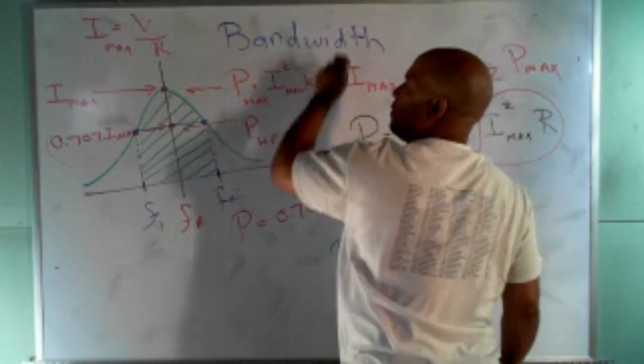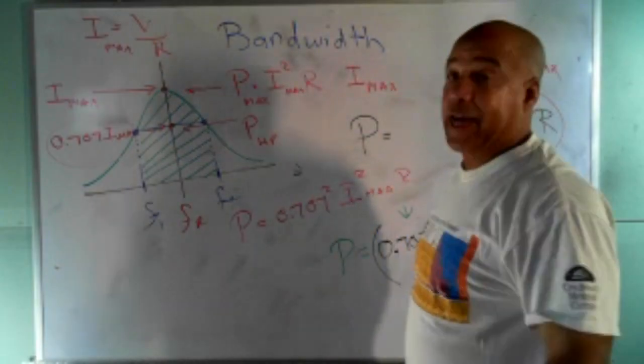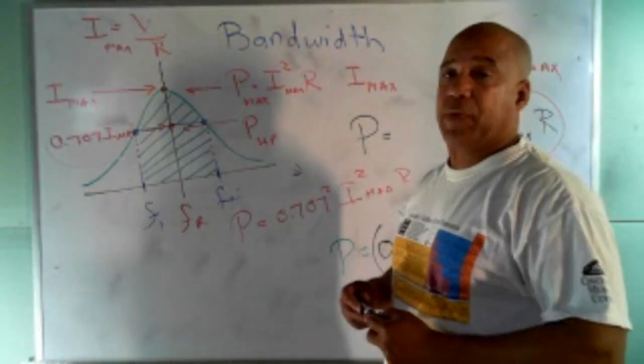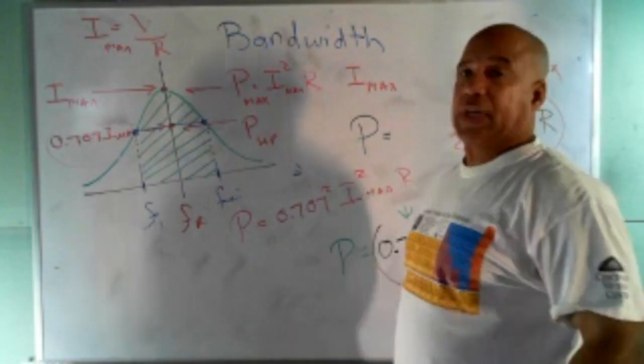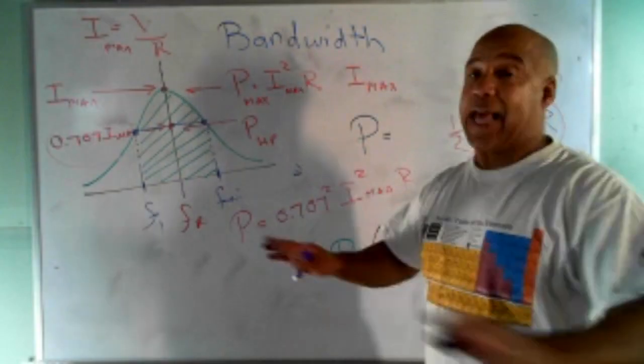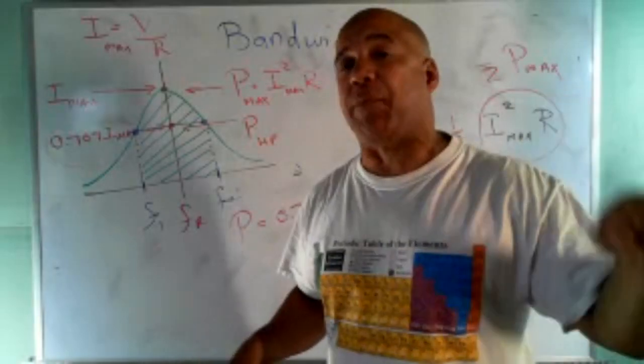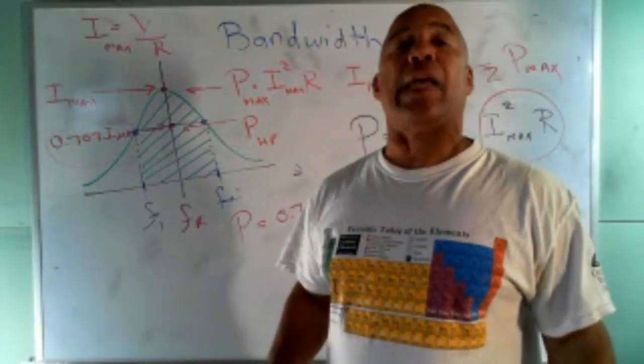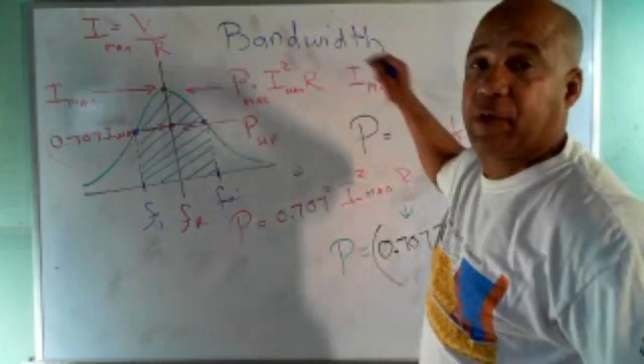The band, you ever heard of bandwidth? Oh yeah, you've heard of bandwidth. If you deal with a computer, if you deal with a cell phone, if you deal with any kind of device that communicates, you've heard of bandwidth, but until now, you didn't even know what they were talking about. You're going to know after we get done with this.